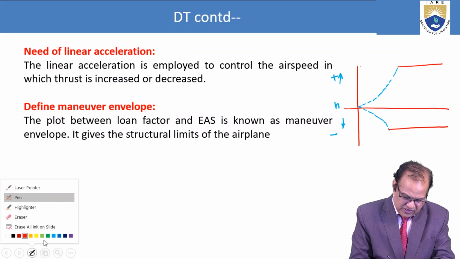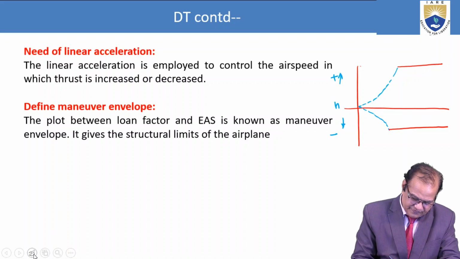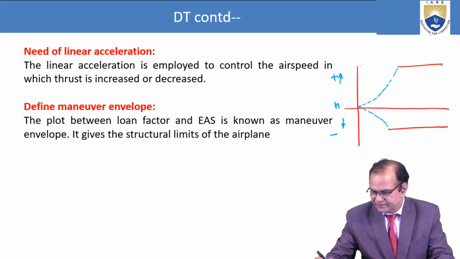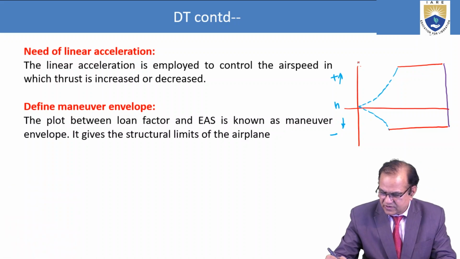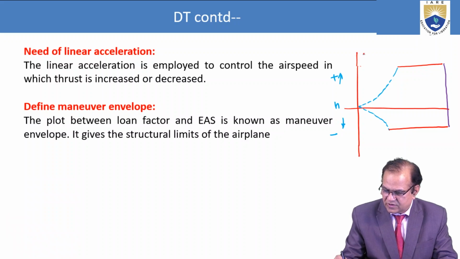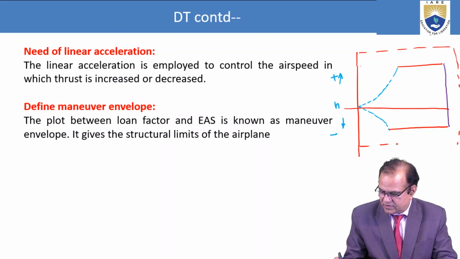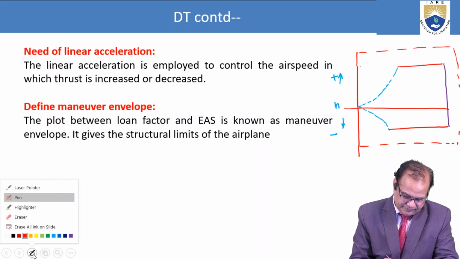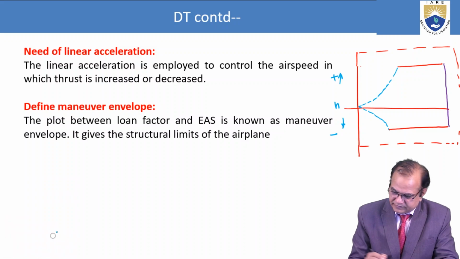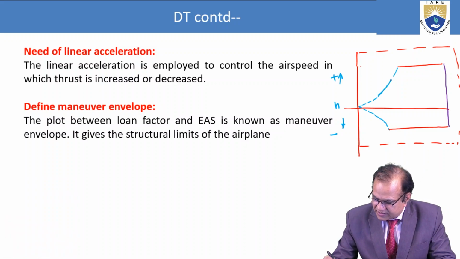Then I will go with some... so if you see here, from here to here and from here to here, this is your VS, this is your VM, the maneuvering point, maneuvering velocity, or V star.